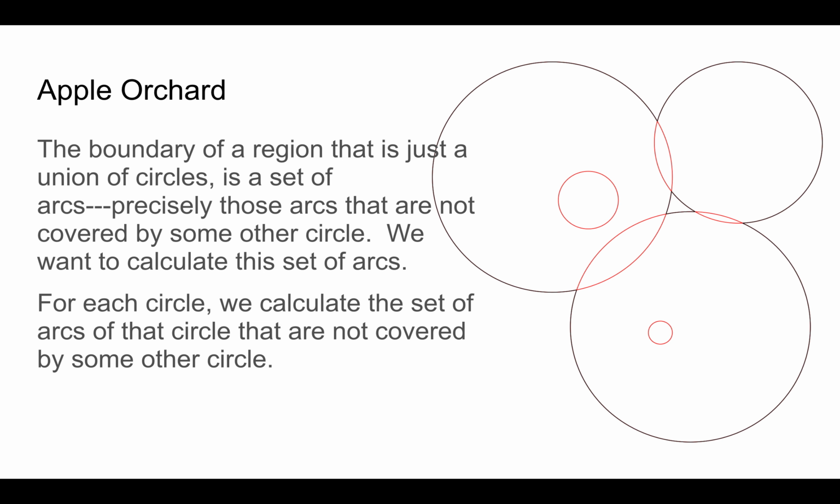The boundary of a region that is comprised strictly of circles is just a set of arcs, and it is exactly those arcs that are not covered by some other circle. So we want to calculate the set of arcs not covered by some other circle.